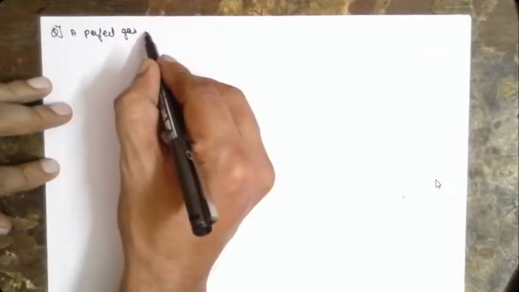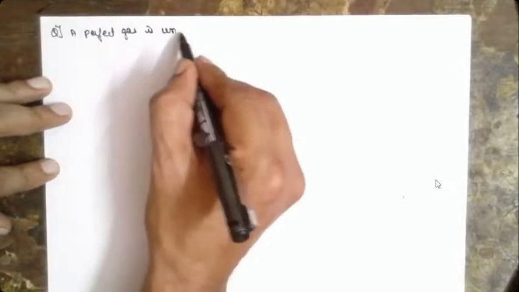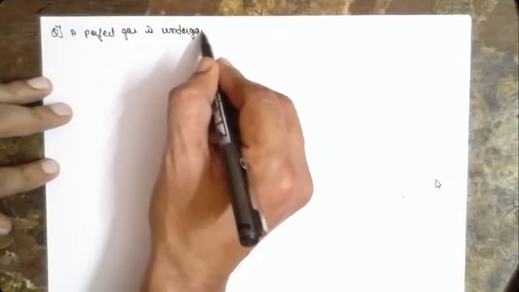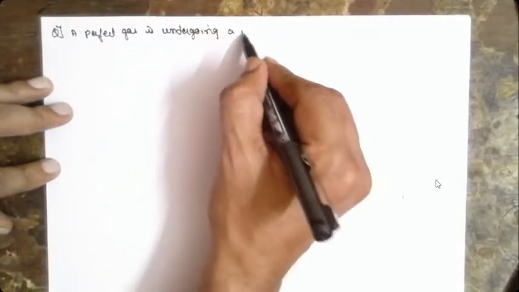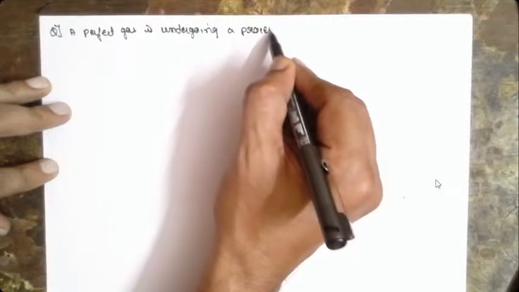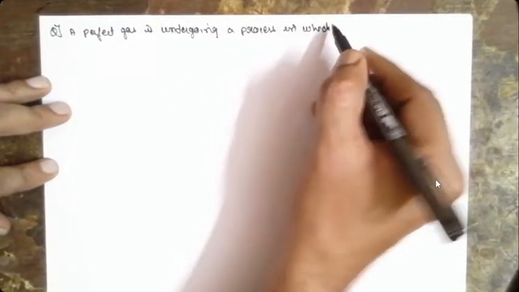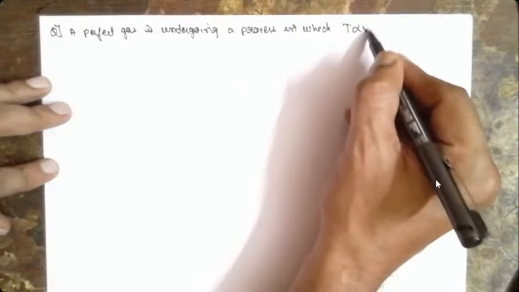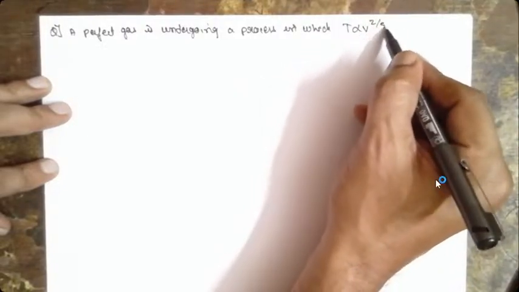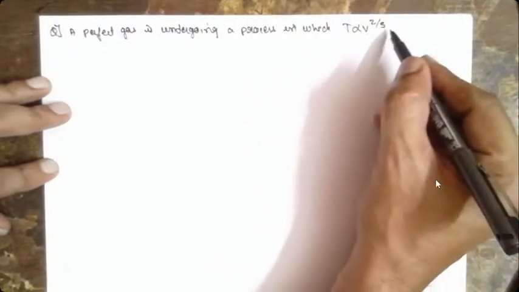Next problem. A perfect gas is undergoing a process in which T is proportional to V raised to 2 divided by 5.